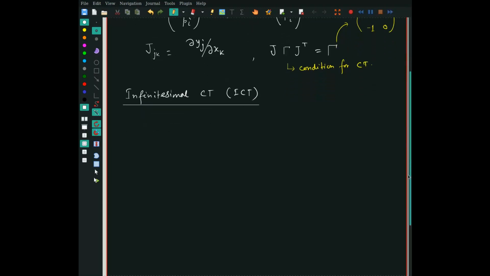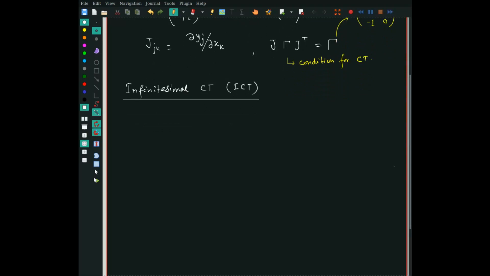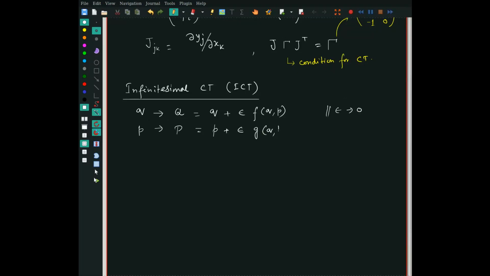First, my coordinate changes to capital Q, which differs from the old coordinate by an infinitesimal amount, epsilon times f(q, p), where epsilon tends to 0. So epsilon is a small quantity. I am changing my coordinate and momenta, or my phase space coordinate rather, by an infinitesimal amount parameterized by this epsilon.